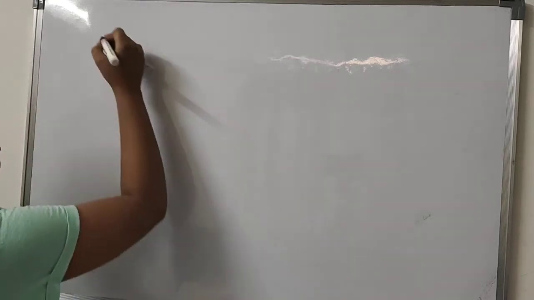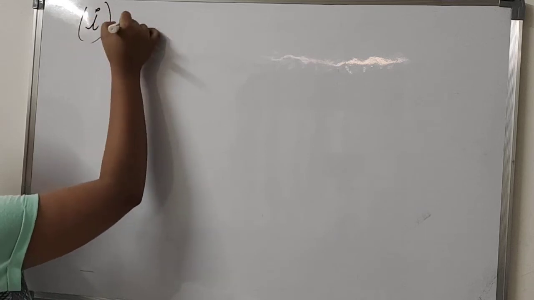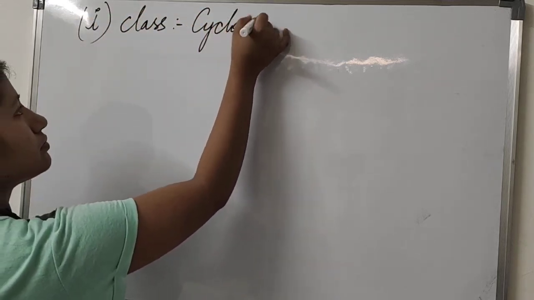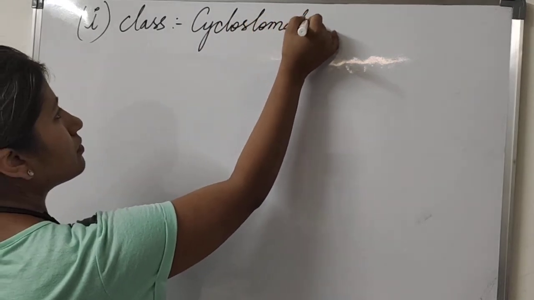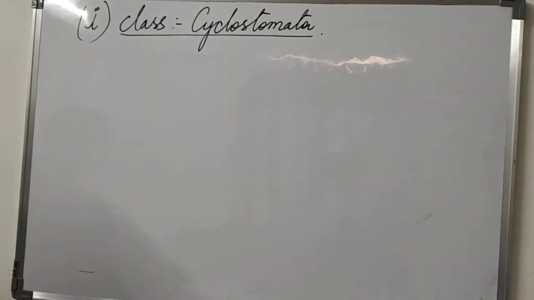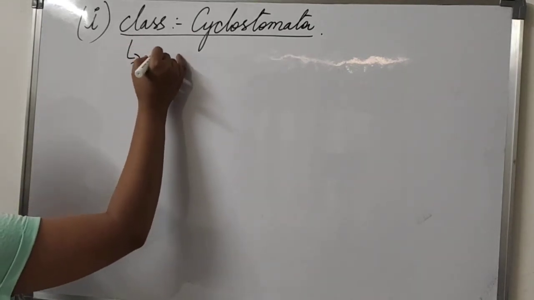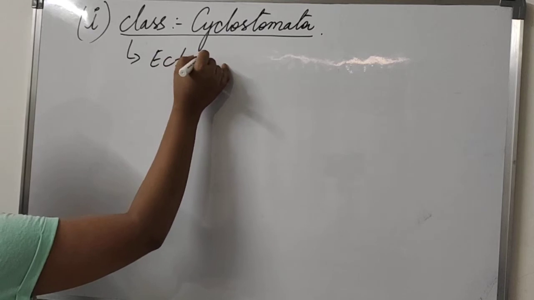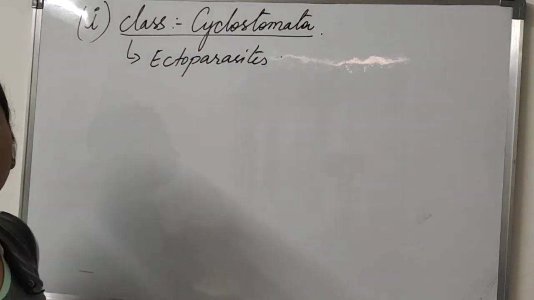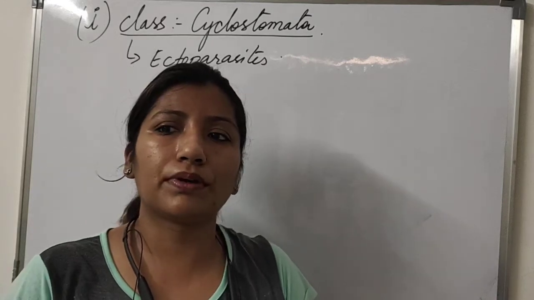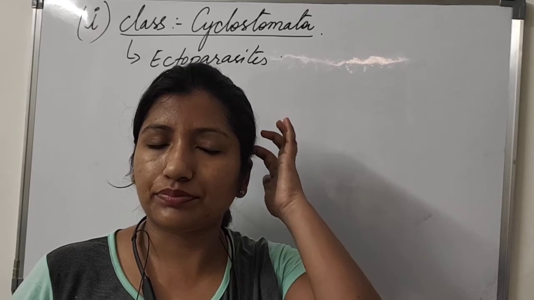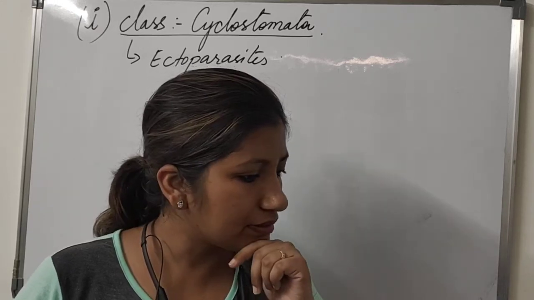Now we'll start with number 1 class, Cyclostomata. Okay, what are Cyclostomata? They are generally ectoparasites. Ectoparasites, like how we were discussing the parasite tapeworm.